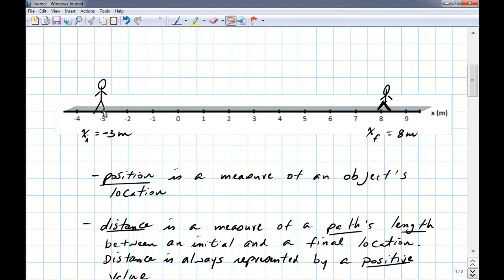Now, if the person proceeded from -3 and traveled directly to the right and ended up at 8, the distance would be 11 meters. But we don't know whether the person took the direct path, or maybe the person traveled to the left initially, made a U-turn, and then proceeded to the right. Under those circumstances, the distance would be different.